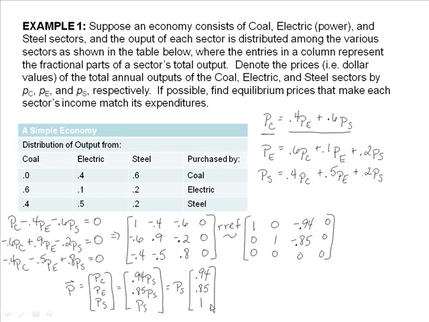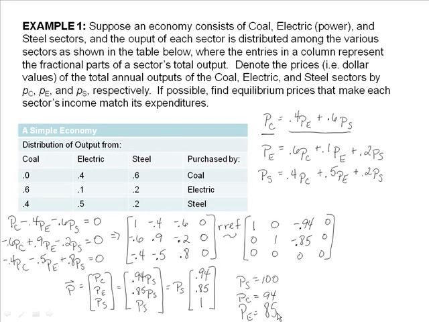Now any non-negative choice for P sub S will result in a choice of equilibrium prices. Let's say we took P sub S to be 100, meaning $100 million. Then P sub C would be equal to 94, or 94 million, and P sub E would be equal to 85, or 85 million.